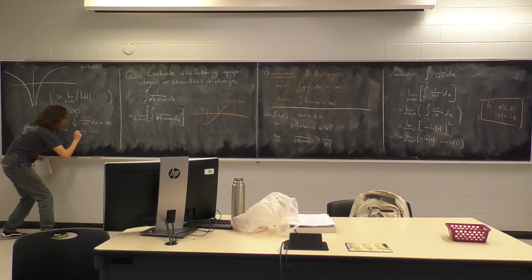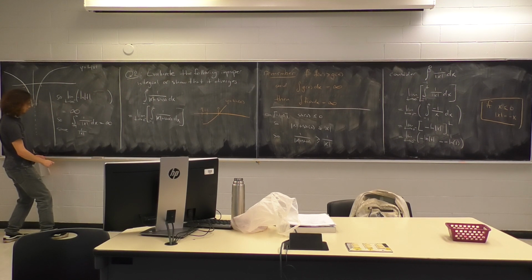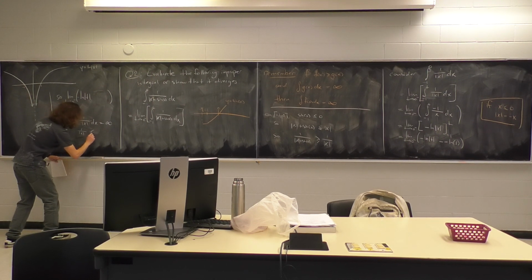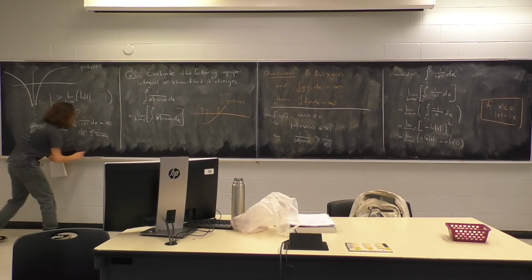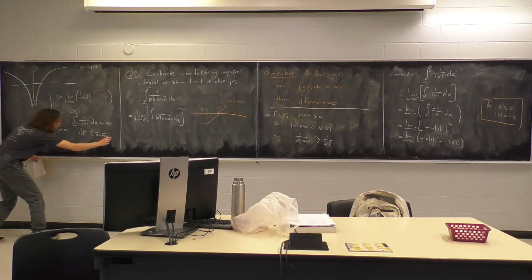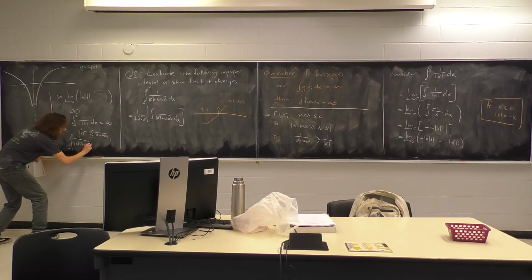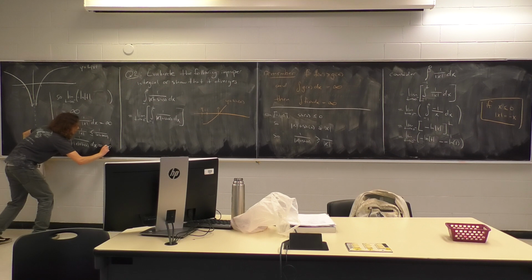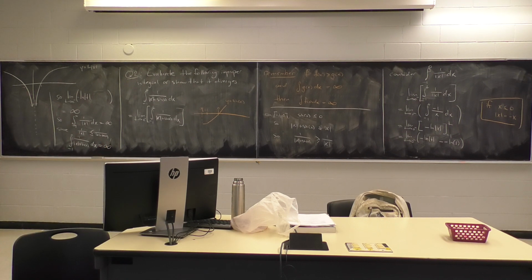Since 1 over absolute value of x is smaller than or equal to 1 over absolute value of x plus the sine of x, we conclude the improper integral from minus 1 to 0 of 1 over absolute value of x plus the sine of x dx diverges to infinity too. And that answers the question.